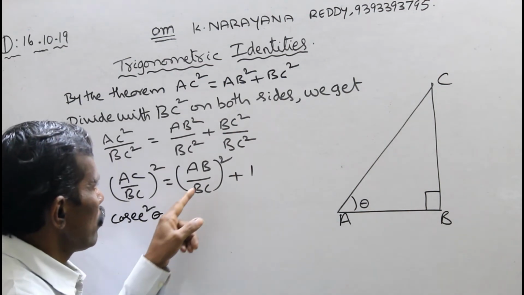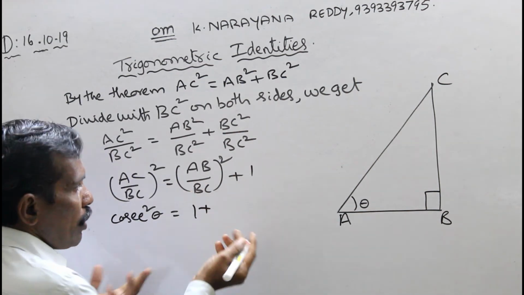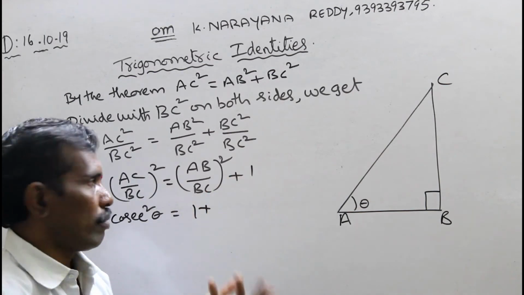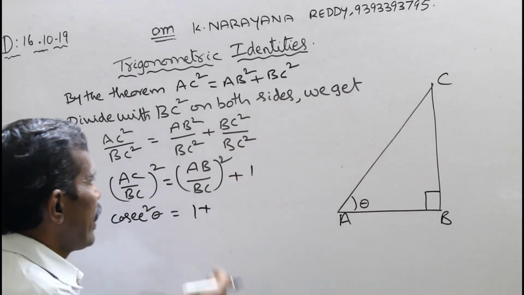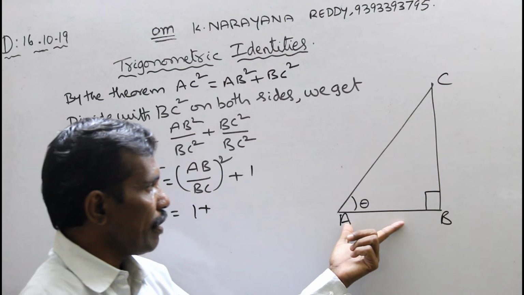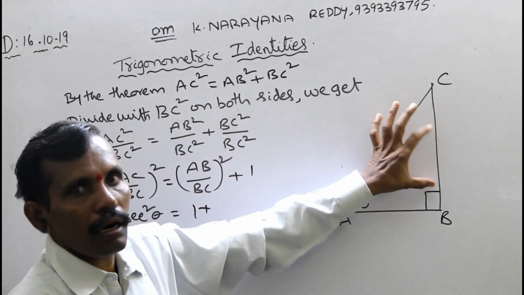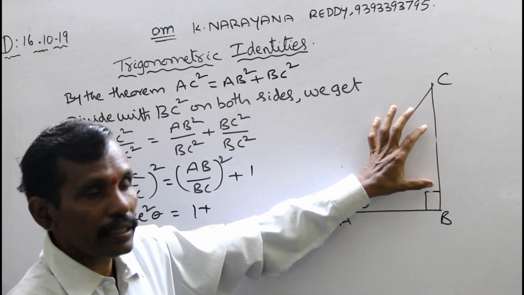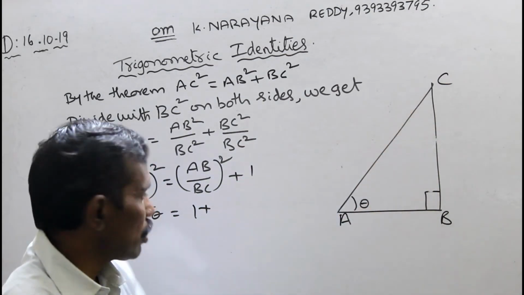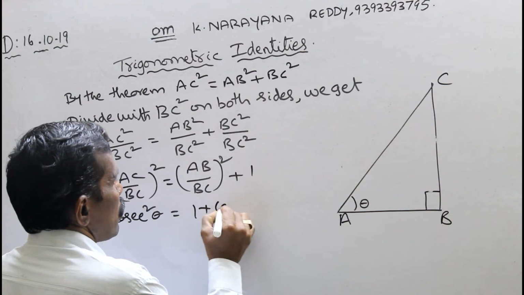1 plus. Okay, we can write 1 anyway because plus is there. AB by BC. That means adjacent side by opposite side. Adjacent by opposite means what? Cot theta. Cot square theta.